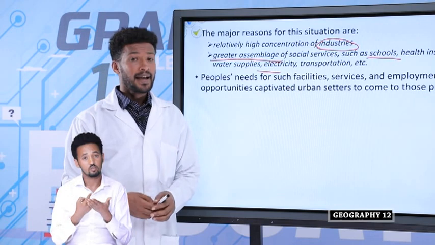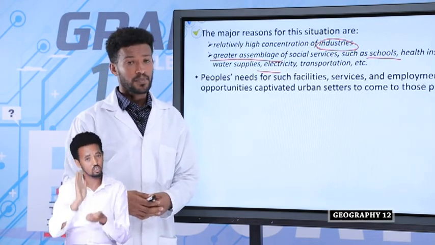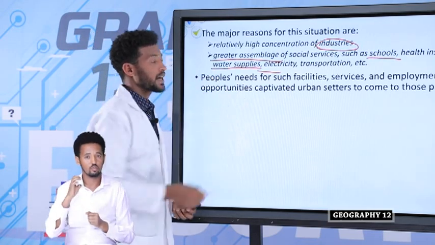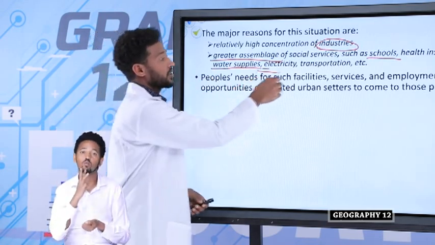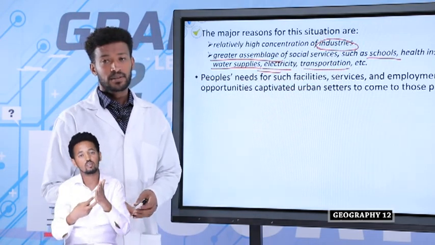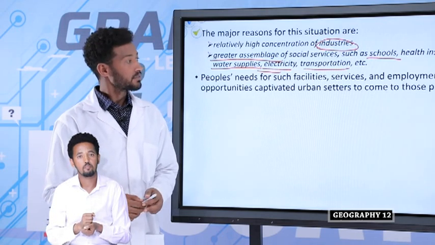Relatively, health institutions are better in the Showa region than in all other regions of Ethiopia. Another is water supplies, electricity and transportation. These are the reasons.